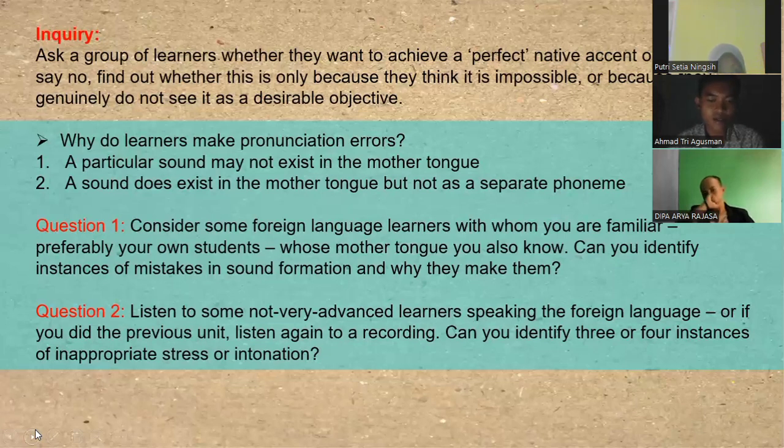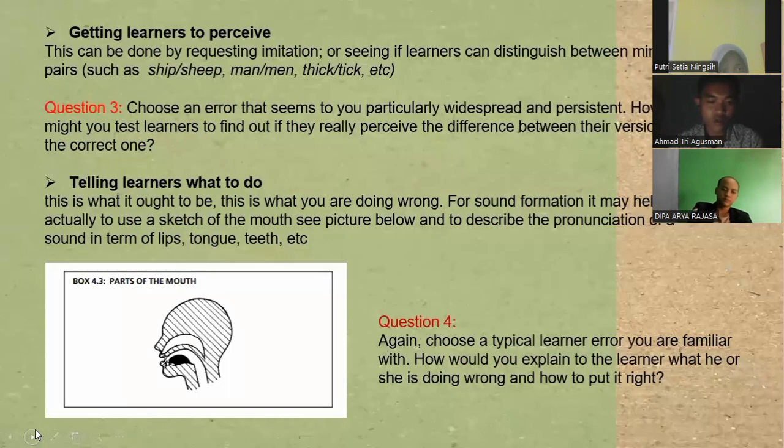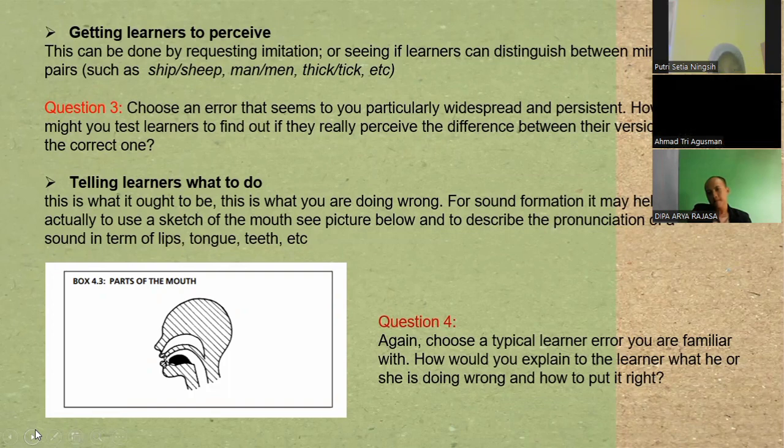This can be done by requesting imitation or seeing if learners can distinguish between minimal pairs such as sheep and ship, man, tick and tick, and so on.